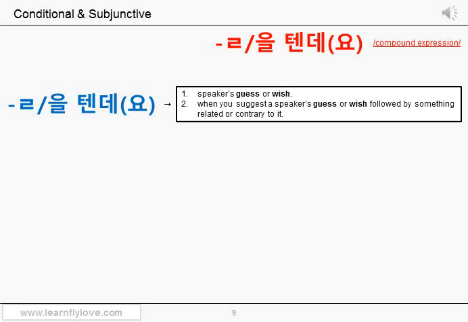Therefore, basically, 을 텐데 or 을 텐데요 indicates speaker's guess or wish. That's it. And this 을 텐데요 can be used with 만약, 으면, 다면 too, because it indicates your wish. Let's make actual sentences together with the compound expression 을 텐데 and 을 텐데요.